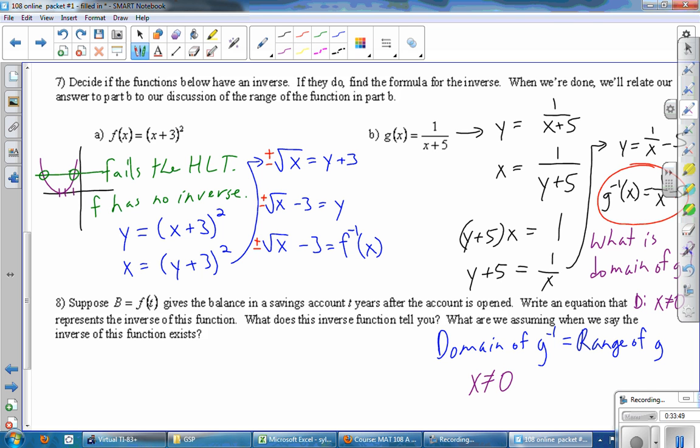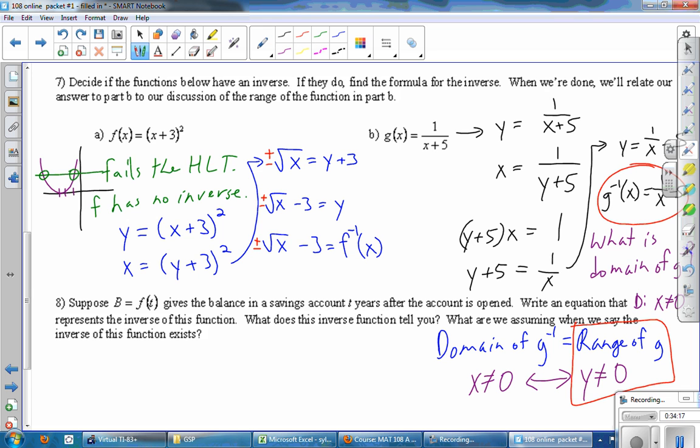So that must be the range of G, except it's the range, and it's a y thing, and we swap the x and the y. So instead of saying the domain is x not 0, we say the range is all the y's, except for 0. So this is how you can find the range of a function. If it's got an inverse, and if you can find the inverse, then find the domain of that inverse function, and whatever you get will be the range of the original.